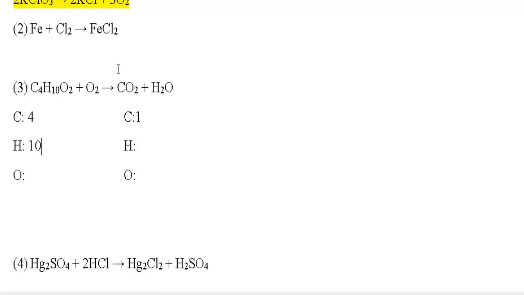H's: we have 10 on the reactant side and 2 on the product side. Oxygens: 2 here plus 2 here is 4. 2 here plus 1 here is 3. Okay, that odd number is sort of a connection.